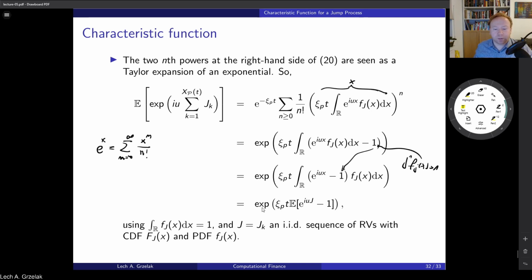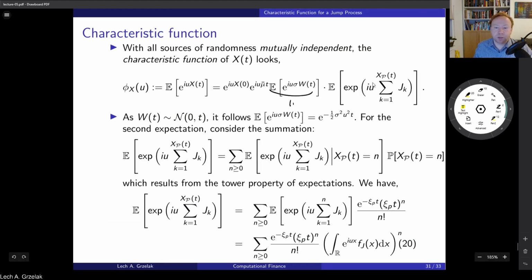So at the end, the characteristic function is simply the exponent of xi p t times the expectation of e to the power i u J, minus 1. Although our characteristic function looked very involved, you see that we have some constant terms here, and this is also given explicitly.